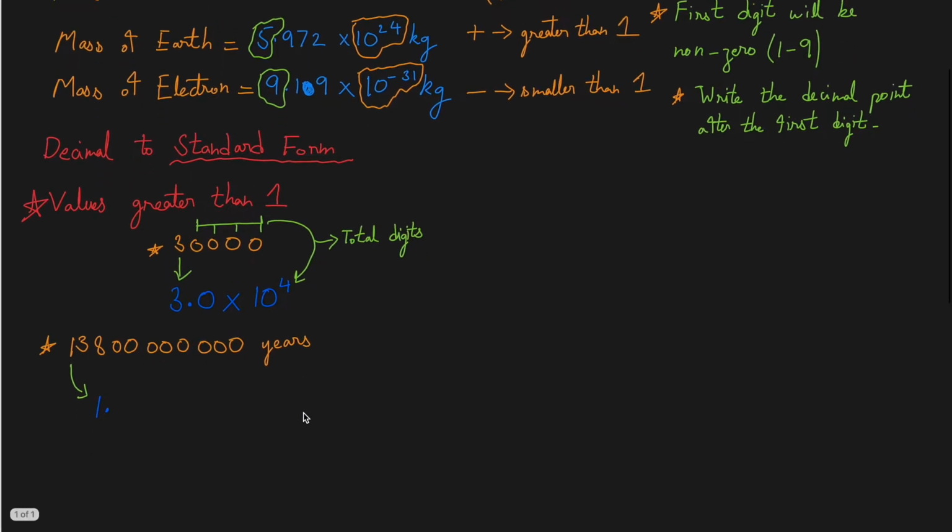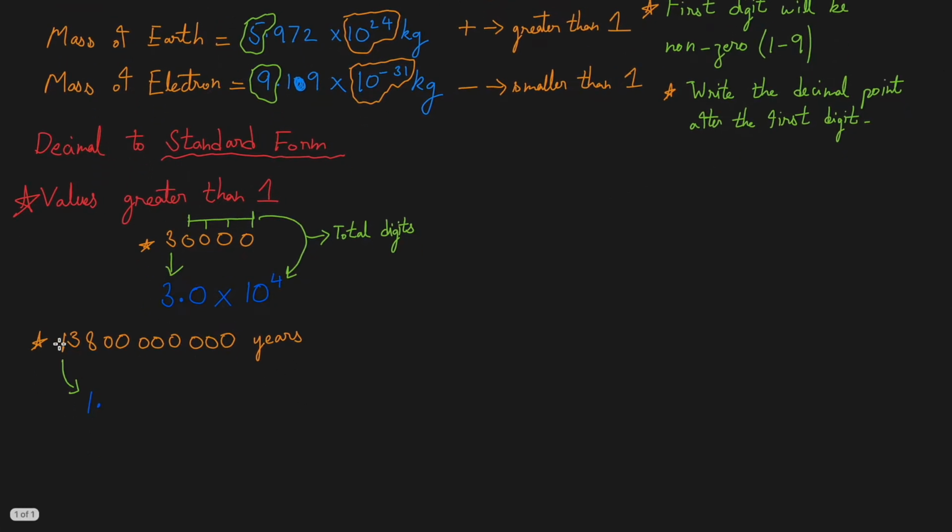And now here we write down the 1.0. Instead, here we wrote 0 because we only had zeros here. We only introduced one digit of 0 here.